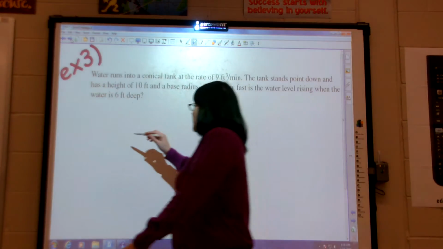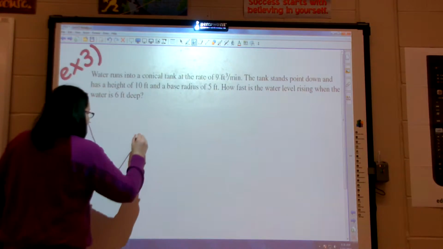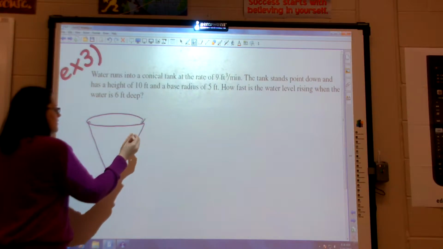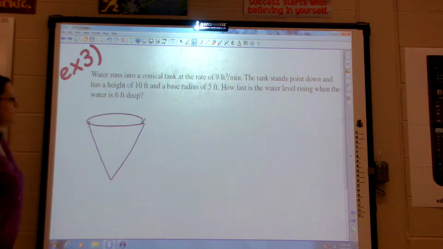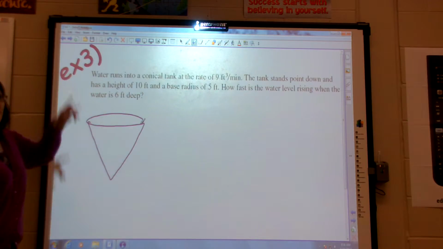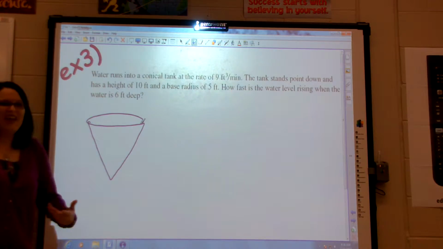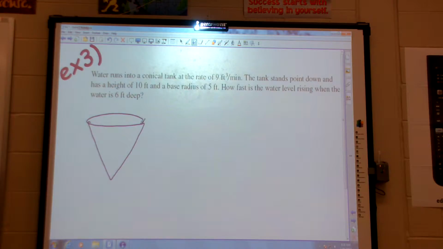So I've got a nice neat cone here. Maybe it's suspended. No. We'll say it's hanging. Water runs in at 9 feet cubed per minute. What are they giving me there? The rate of what?